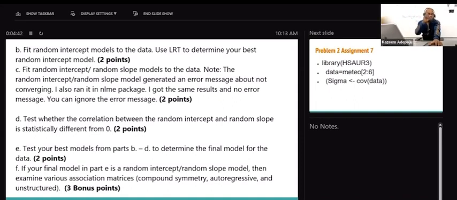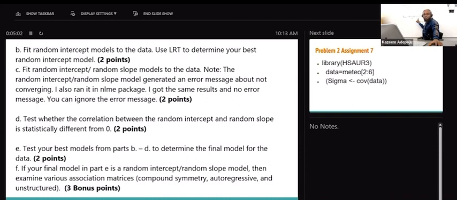The first one, you're actually going to have diet plus weight, where you are testing main effects. And the cow being the subject is the one that is nested on the intercept. That is why we have a random intercept here.